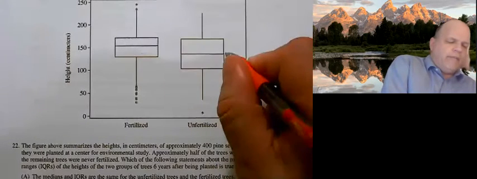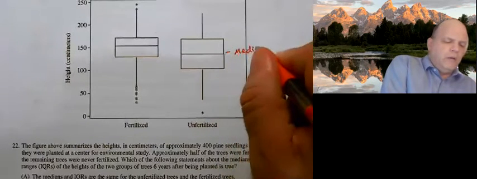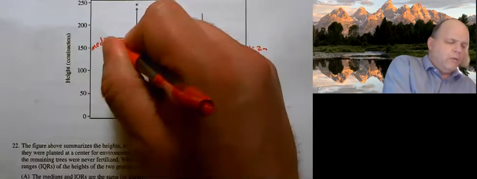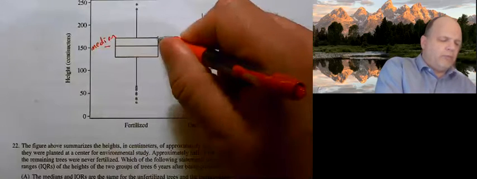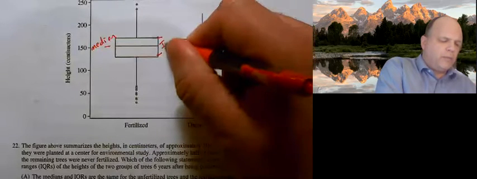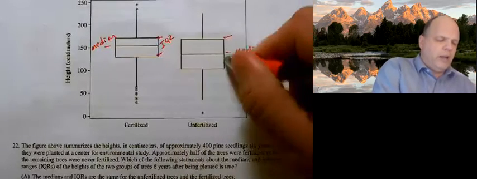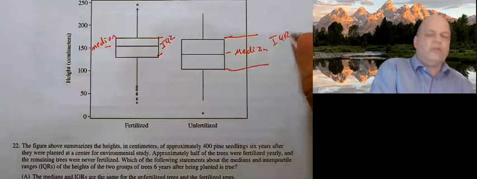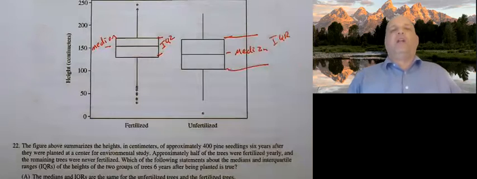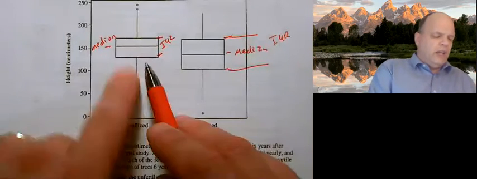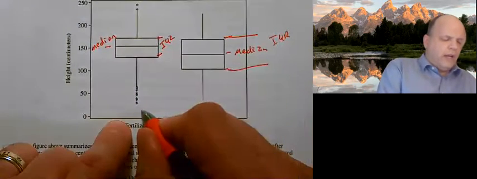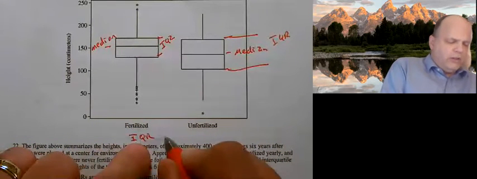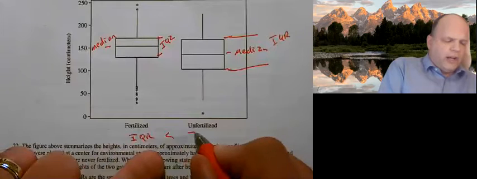So here we have a median. We also have a median. This from here to here is an IQR, and from here to here is the IQR. Since I'm comparing them and I kind of know where this question is going, I can say the fertilized IQR is less than the unfertilized IQR.